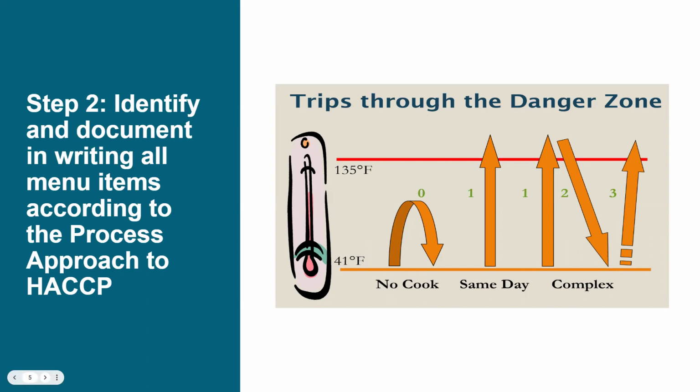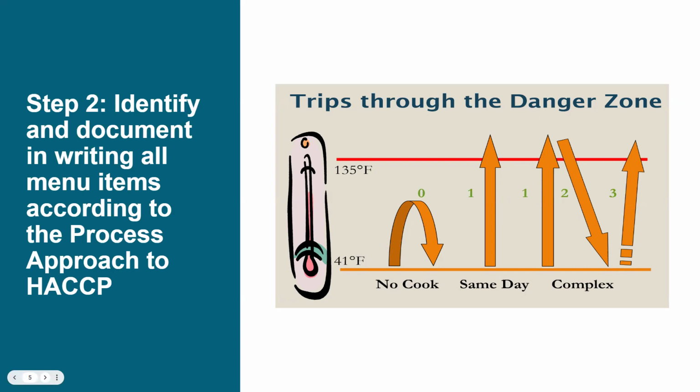To assign menu items to one of these three processes, consider the process and procedures used to prepare the food in each of your school's facilities. Determine whether menu items have no cook steps involved, undergo a cook step for same day service, or receive additional cooling and reheating following a cook step.